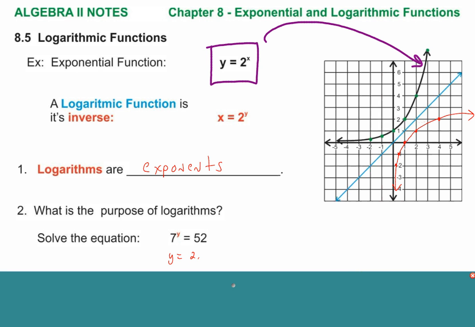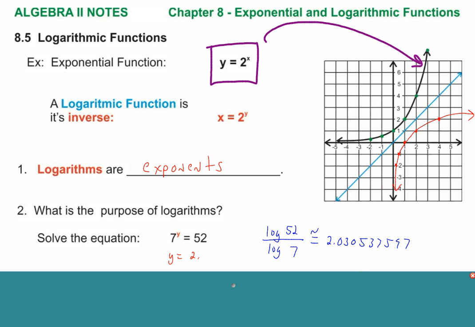And logarithms will give that to me. Now, you don't know how to do this yet, and we will in a little bit. But if I solve this problem, the log of 52 divided by the log of 7, I can simply take my calculator out and punch these values in, and my calculator tells me the value of this is approximately 2.030537597, etc. Now, I know I used the word exact value, but the calculator is holding the exact value.